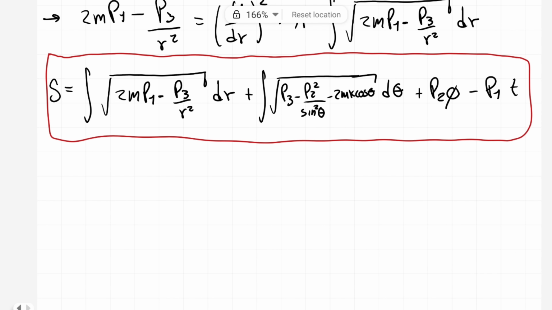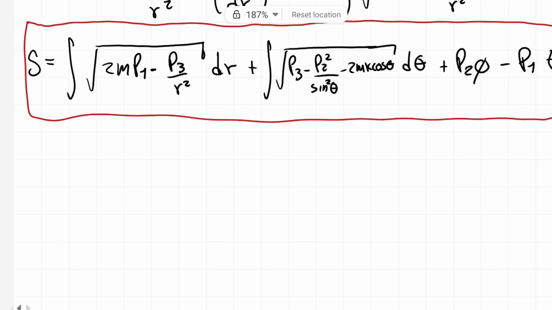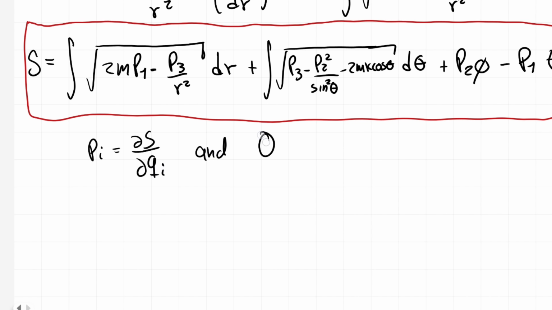And again, remember, this s is representing a canonical transformation because this s is a generating function of a canonical transformation. So this means that s needs to verify the equations pi equals the derivative of s with respect to qi, and that qi is equal to the derivative of s with respect to pi. In this case, these are the little p's.